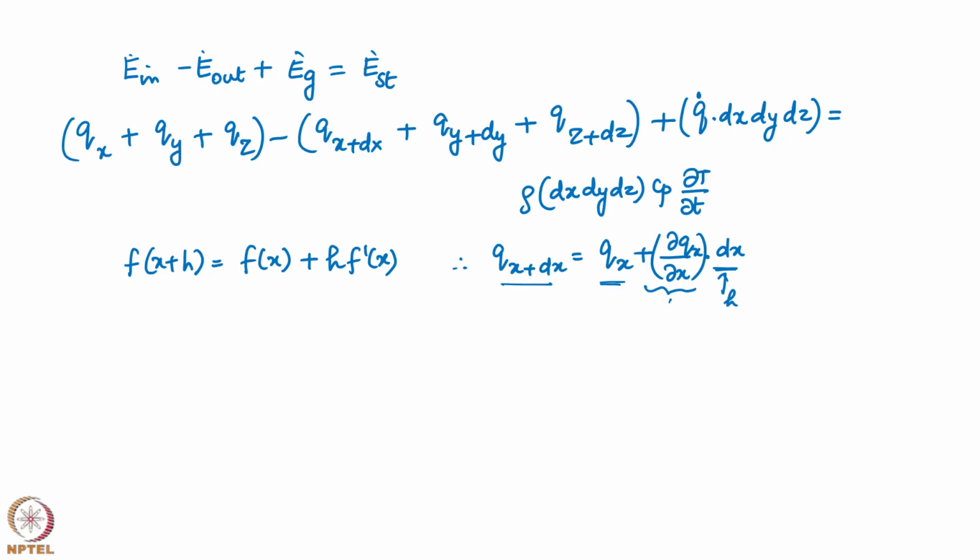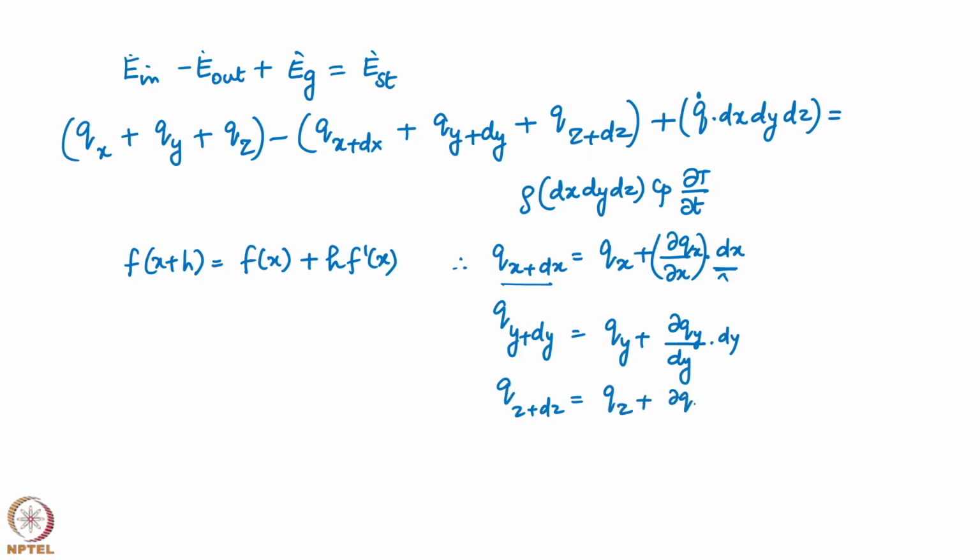So, what I will see is q of y plus dy is nothing but q y plus dq y by dy into dy. Let me erase this so that it is neat. Similarly, q of z plus dz is equal to q z plus dq z by dz into delta z. So, I put these together here.